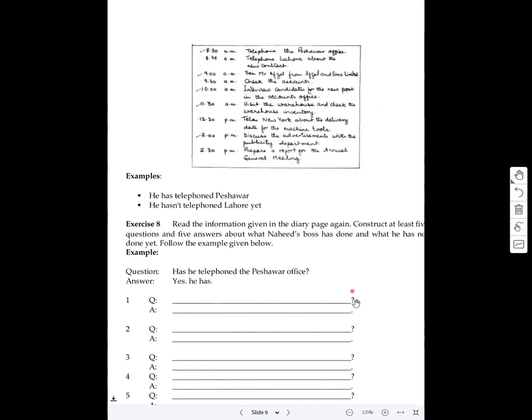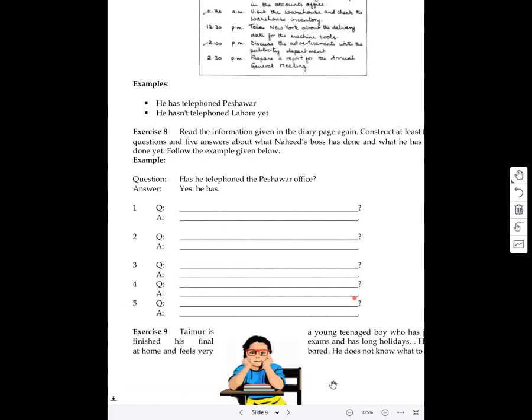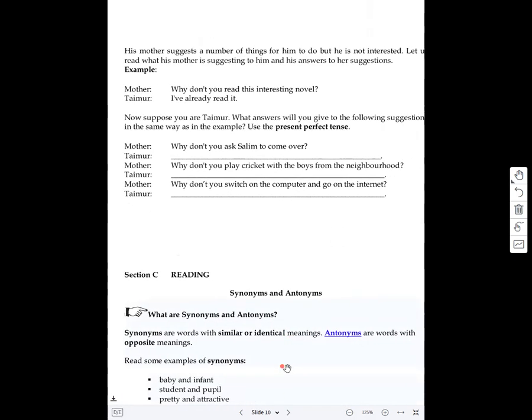For example, my boss has telephoned Peshawar. My boss has not telephoned Lahore yet about the contract. Similarly, you go about it and you make the present perfect tenses. Right? So these are some examples given. You can read yourself, they are very easy, right? I hope it is clear now.